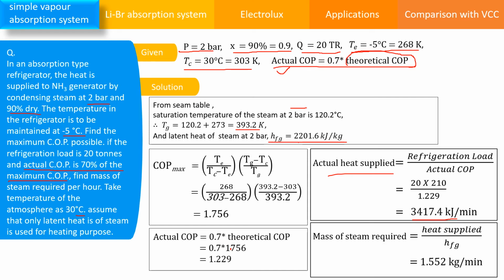So mass into latent heat per kg is the heat supplied, and using this formula we can get 1.552. So both of these are just logic questions. The last two parts we are going to find use the formulas we have learned in the vapor absorption system. I hope this clears the sum for you.